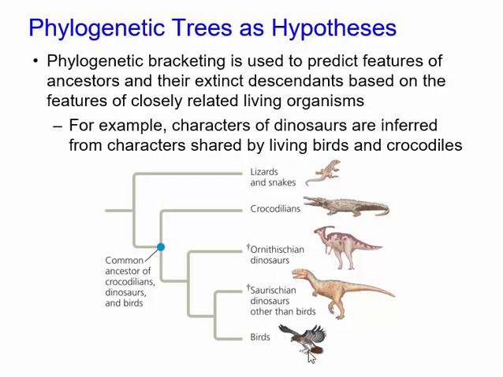But based on what we know about birds and crocodilians and the overlap that we see, dinosaurs are phylogenetically bracketed. This is a term that we use, that they're in between. And so we would think that features that might be common between crocodiles and birds, those might also occur in dinosaurs as well. And you could apply this to any group, but we're using the bird dinosaur example here.